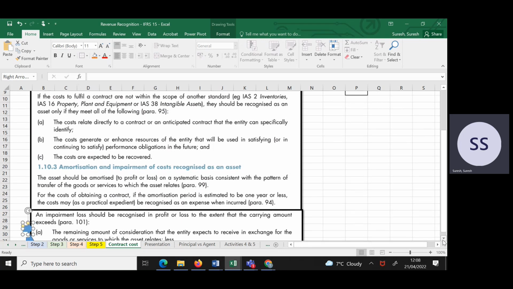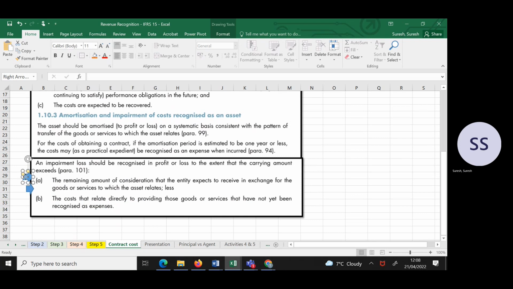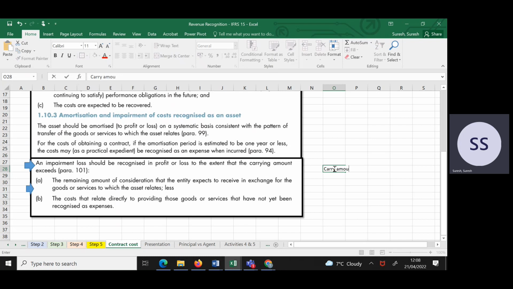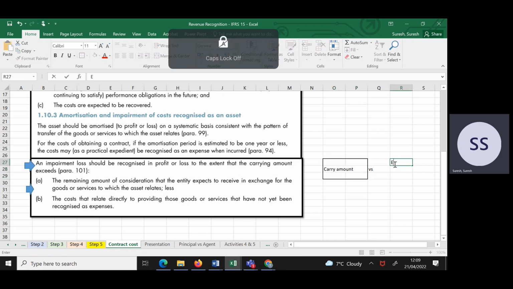Now let's focus on the impairment losses. Impairment losses, we know generally when you carry out an impairment, we would find the difference between the carrying amount of the asset that you have recognized, versus the expected remaining considerations. You may be expecting some considerations regarding this contract, right?